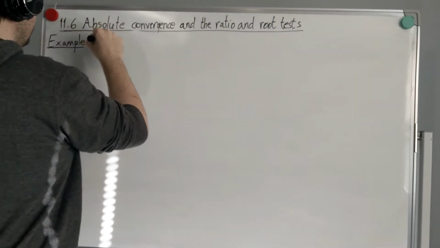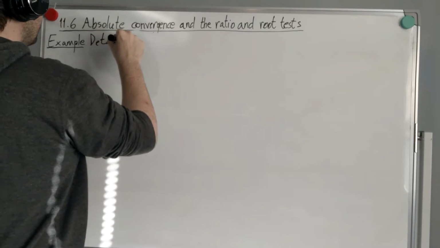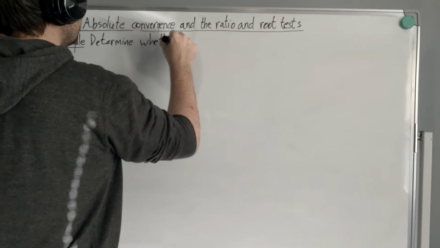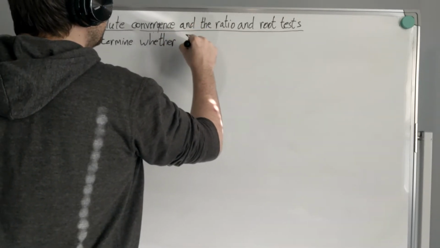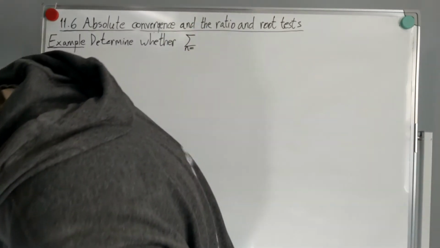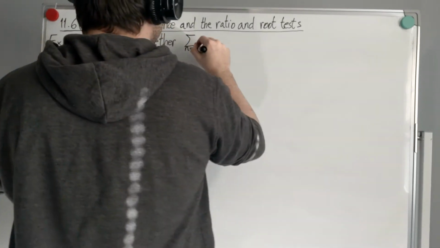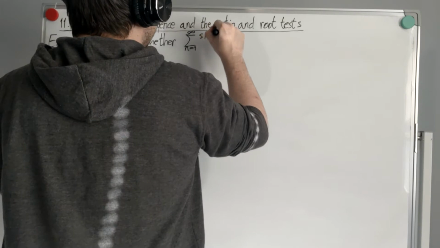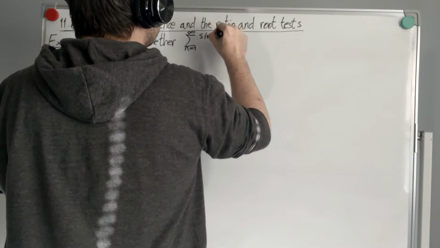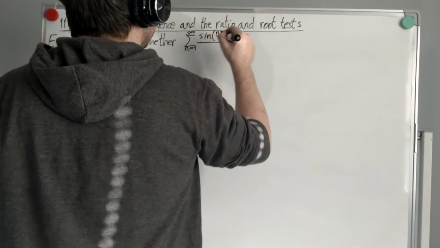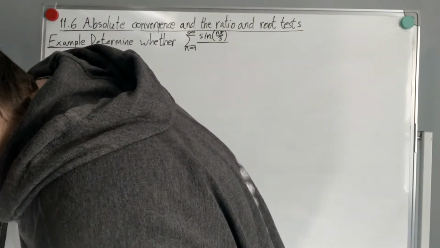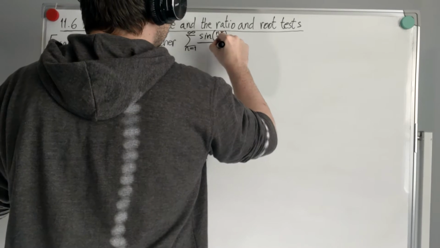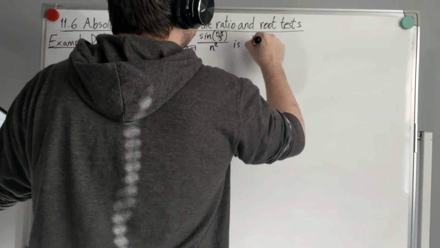We're going to determine whether the sum from n equals 1 to infinity of the sine of n pi over 3 divided by n squared is absolutely convergent.